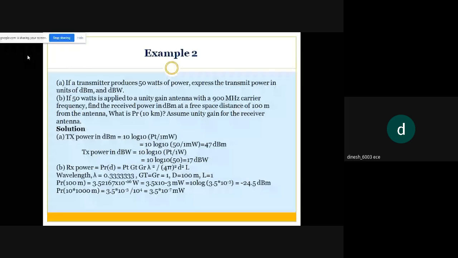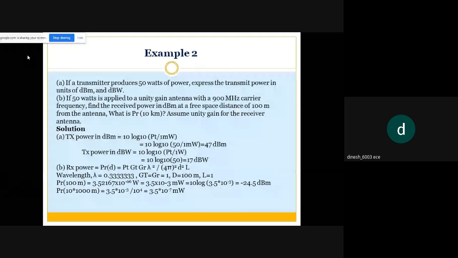We calculate this, and we'll be getting the answer in terms of decibel meter. Substituting PT as 50 watts, you will be getting 47 decibel meter.